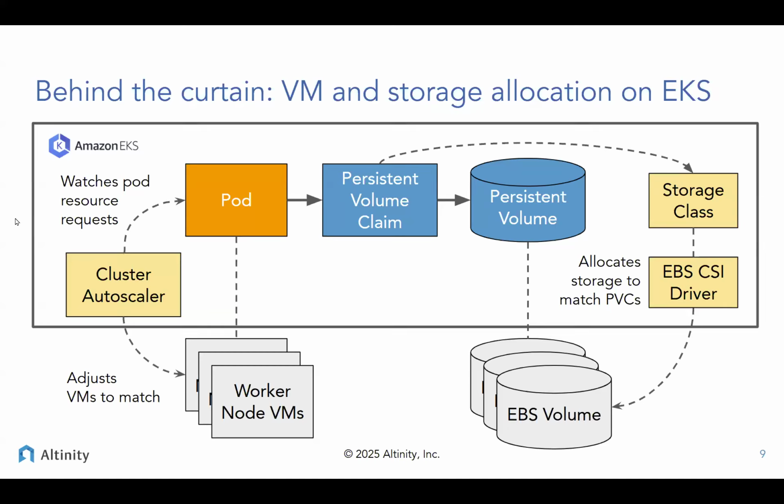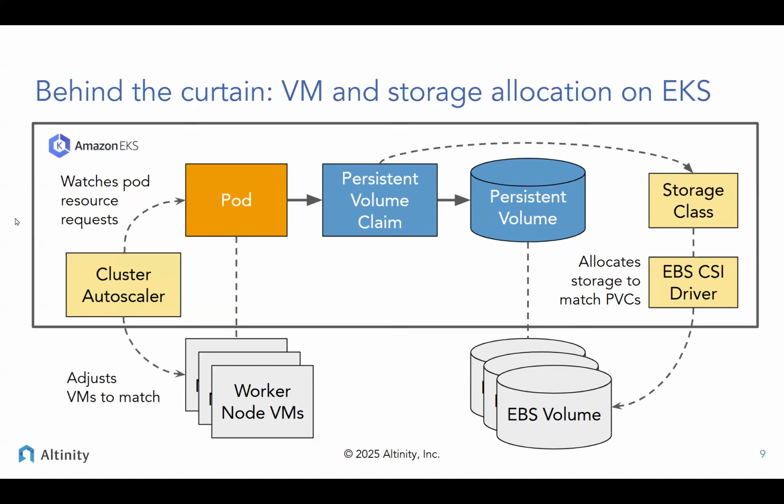Because EKS is going to allocate things, and it needs to have suitable roles in IAM to do that. That's all I'll say. This gives you a sense of some of the pieces you'll need to look at. There's abundant documentation on how to do this.